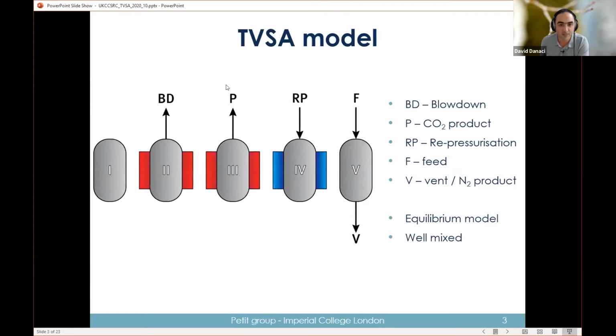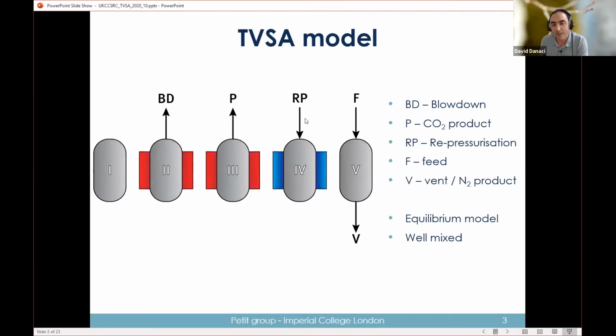Then you can collect your CO2 product at this step. In the fourth step, we cool the bed from the regeneration temperature back to the adsorption temperature. This can be isochoric, so constant volume, or isobaric, which is the case here.